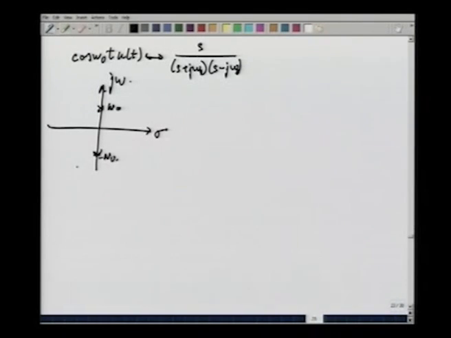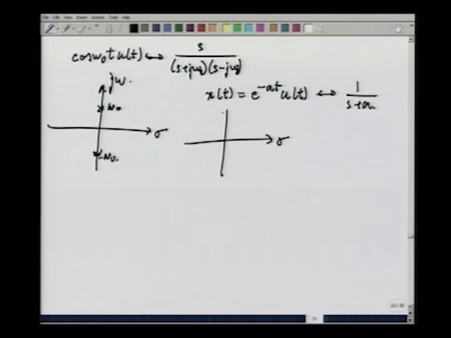If we consider earlier examples such as x(t) equal to e to the power minus at u(t), which had a transform of 1 by s plus a, then for that Laplace transform, this was sigma, this was j omega. The root of this is already a first order factor, so the root is simply s equal to minus a. So at some place over here, minus a, you have a root. So these are the poles.